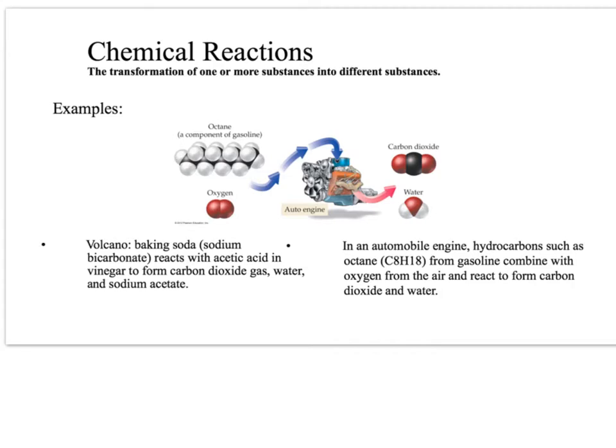So a chemical reaction is the transformation of one or more substances into different substances. Let's look at the classic car example. In order for a car to be fueled, we are going to use gasoline, which is an octane. And in the engine of a car, octane and oxygen are combined to create energy.